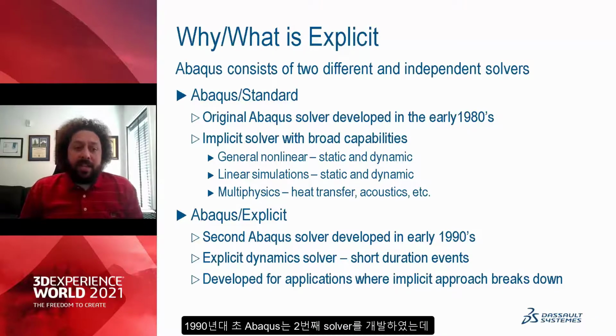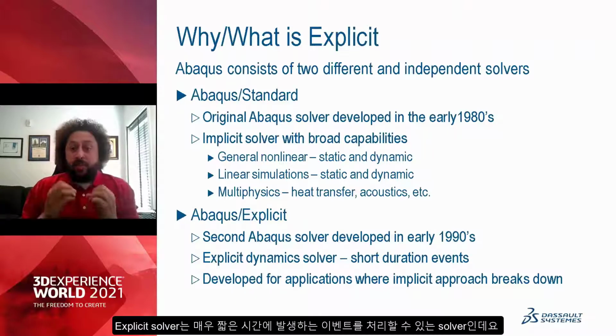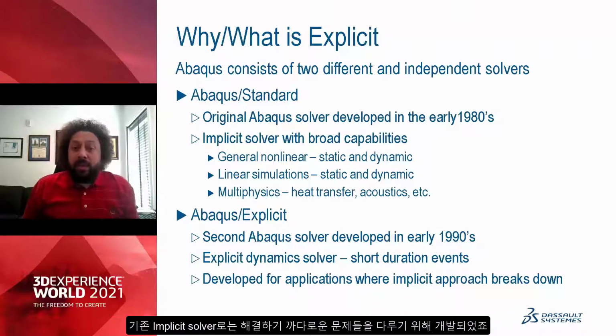In the late 90s, Abaqus developed a second, completely different and independent solver, the explicit solver. It's really meant for short duration events, and it was developed for situations where the implicit solver starts to break down.